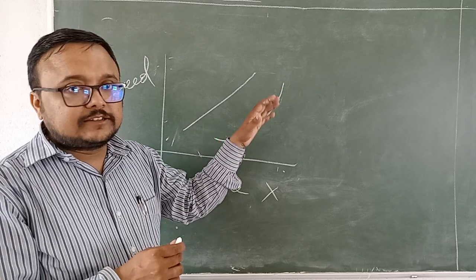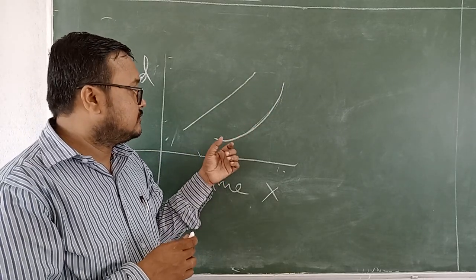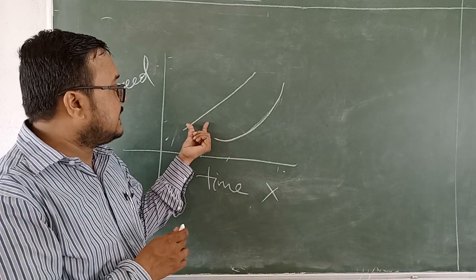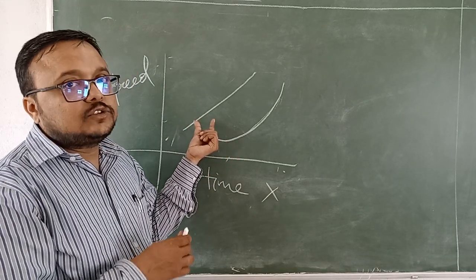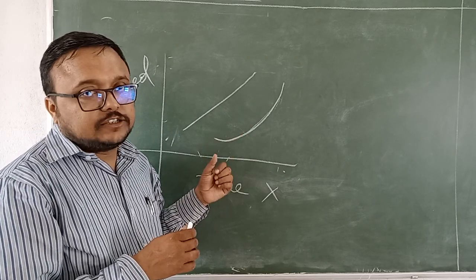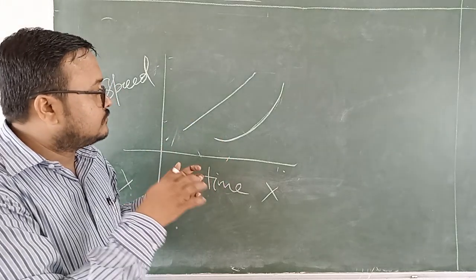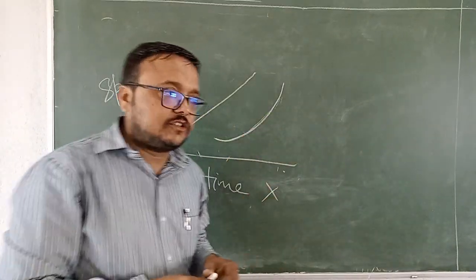There is no uniformity. A straight line indicates that it is accelerating uniformly, and this is not uniform motion. It is accelerating with changing acceleration.